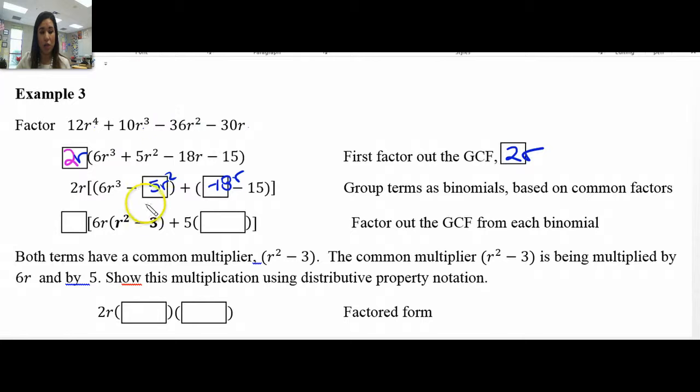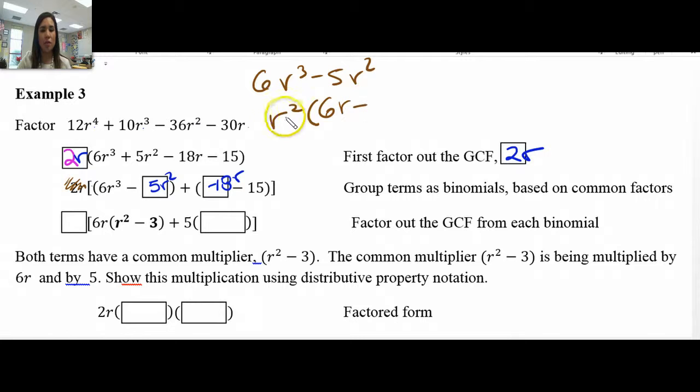So here, let's go ahead and go from there. We're going to forget about the 2r. We're just going to leave it out there. What I'm going to focus on now is trying to factor this part. So we have 6r cubed minus 4r squared. Anything that they have in common? Well, right away I see that they have an r squared I could take out. So I would be left with 6, because r squared times 6r would give me 6r cubed.